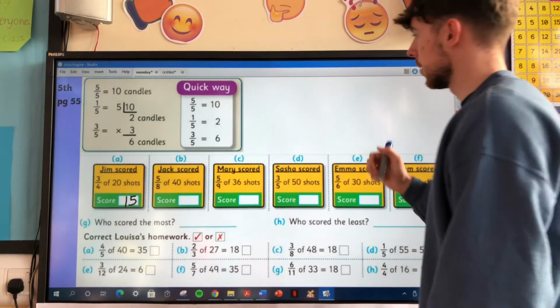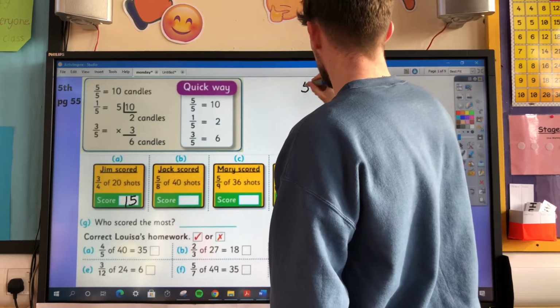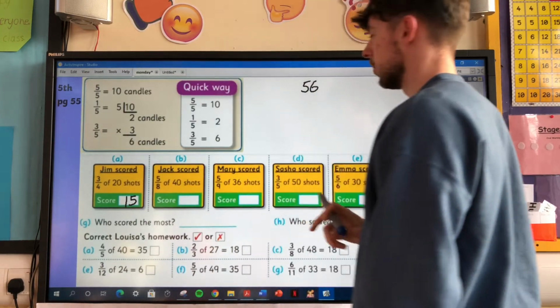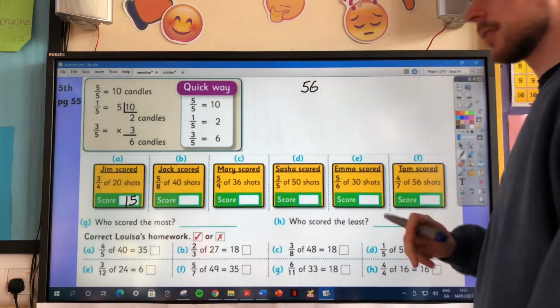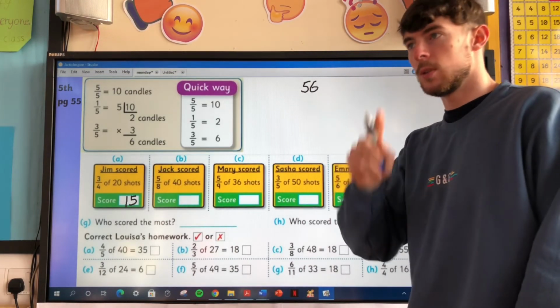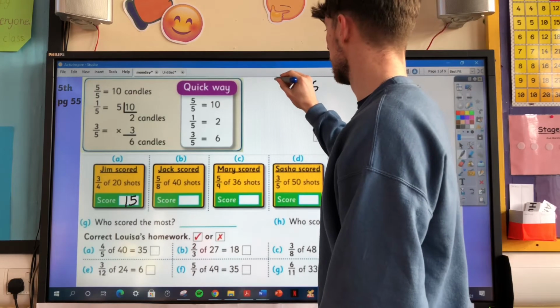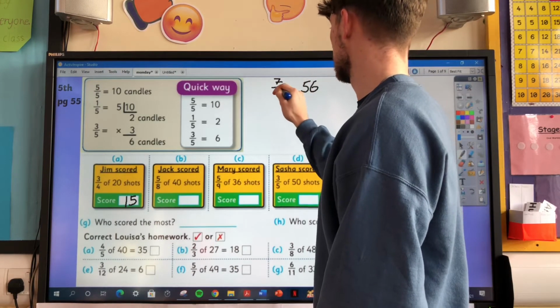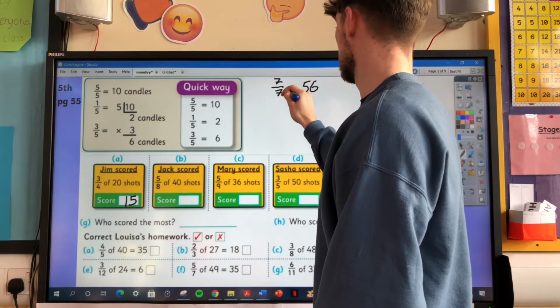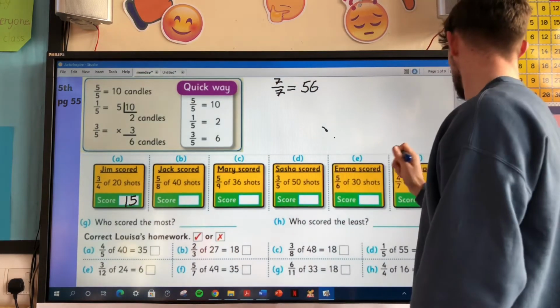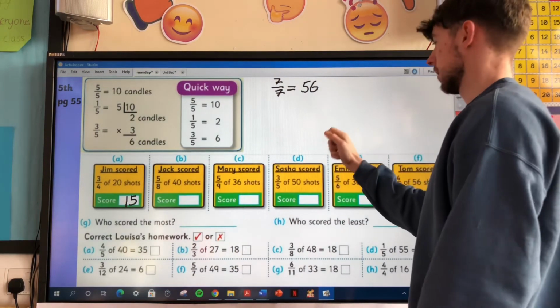No, 56 is our whole number. So what is that in sevenths? What's a whole 7th? It's 7 over 7, isn't it? So 7 over 7 is equal to 56.